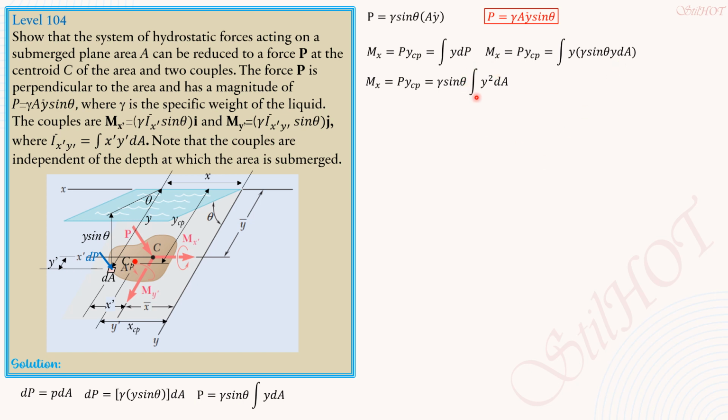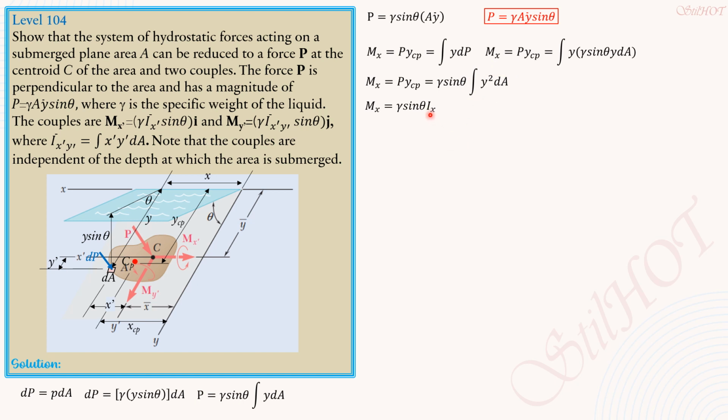Take note that the integral of y squared dA is simply the second moment of area with respect to the x-axis, or the moment of inertia of this area with respect to the x-axis. So we replace that by Ix. So Mx equals P y sub cp equals gamma sine theta times Ix.